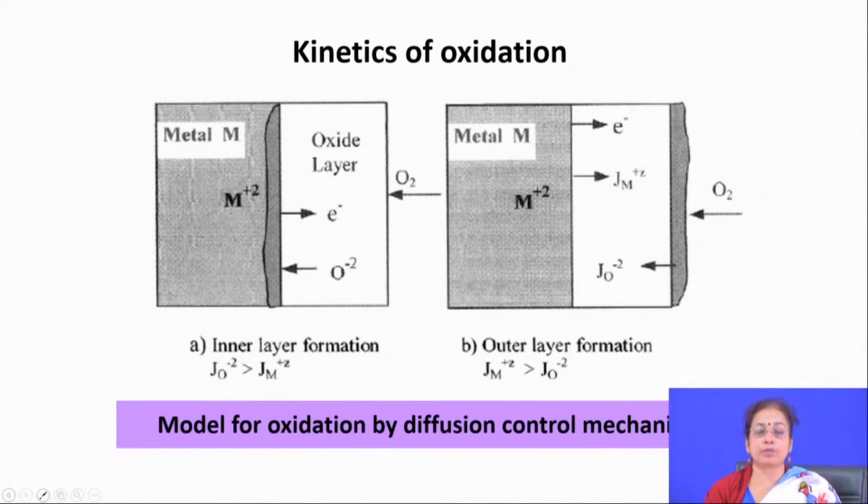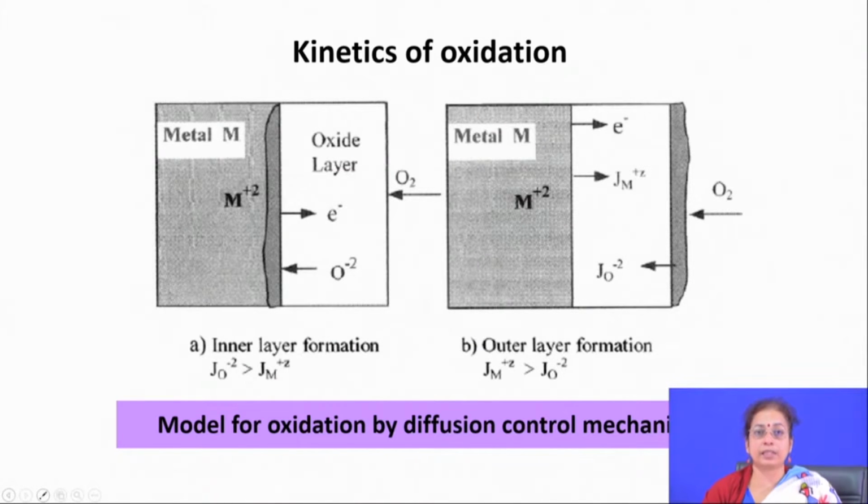So, at the interface between the oxide layer and the metal there is oxide formation. When the oxygen ingresses through the oxide scale, comes to the metal surface and there is formation of oxide scale, the oxidation proceeds along the inward direction.